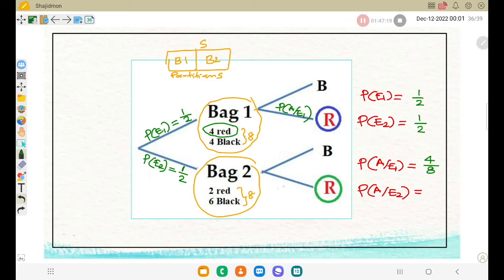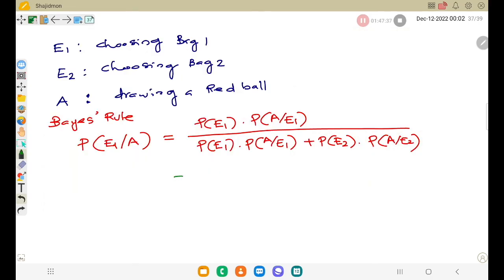Same way, probability of A given E2, the probability of a red ball from bag number 2. How many red balls are there? 2, divided by 8 total balls. So 2 by 8, correct? So we got all four numbers and can apply them here to get the answer.